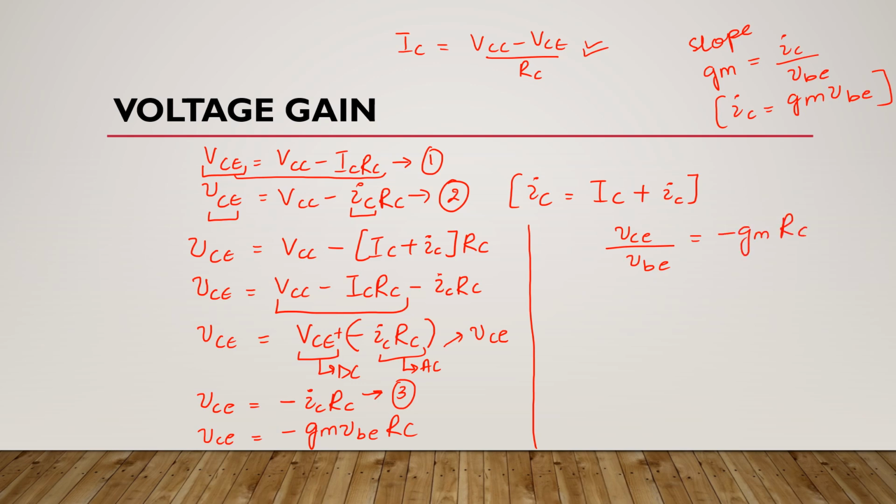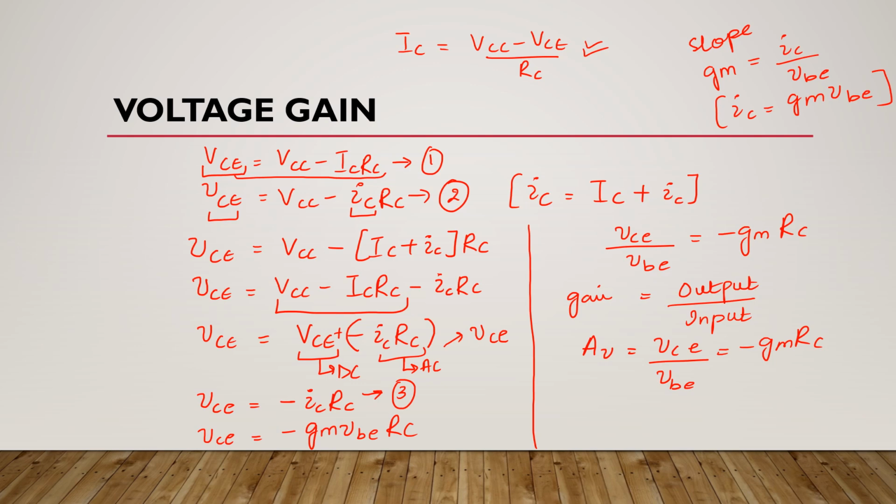Now we know that gain is equal to output upon input. So here this voltage gain AV is equal to VCE divided by VBE, which is equal to minus GMRC.